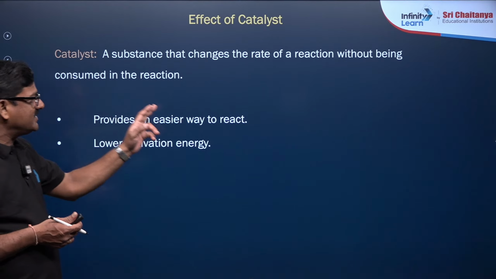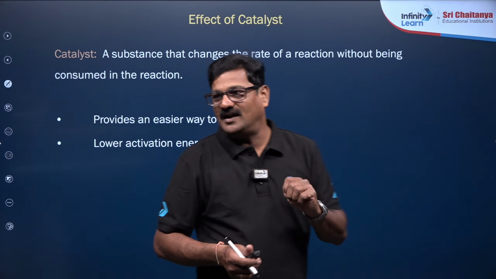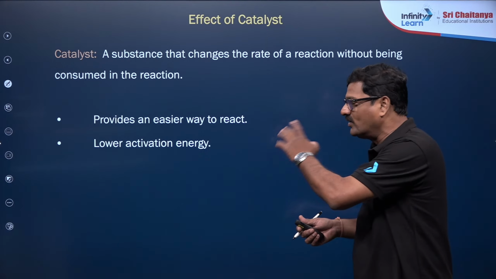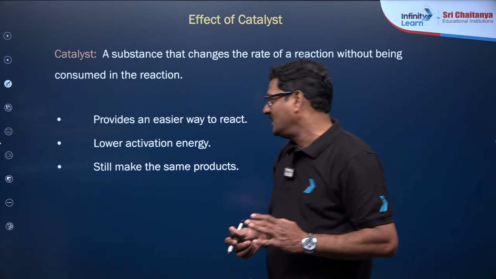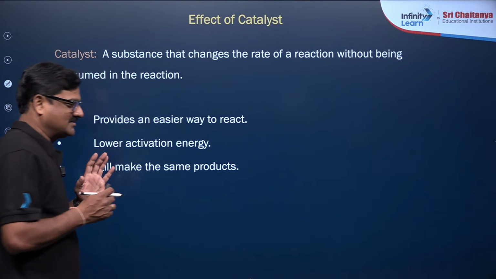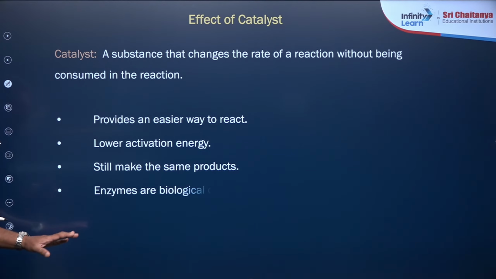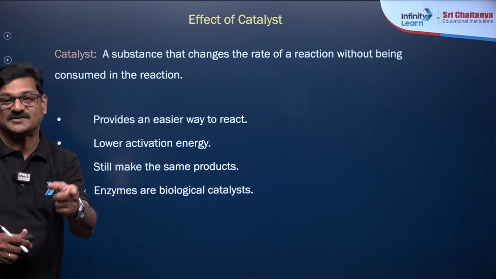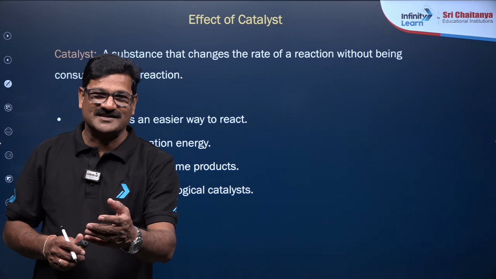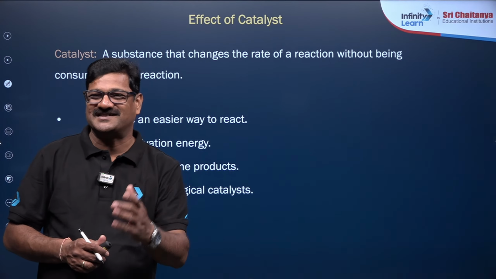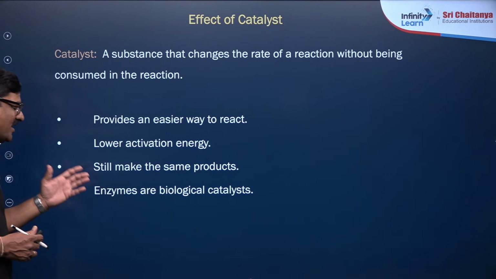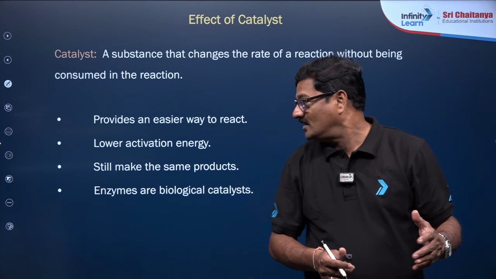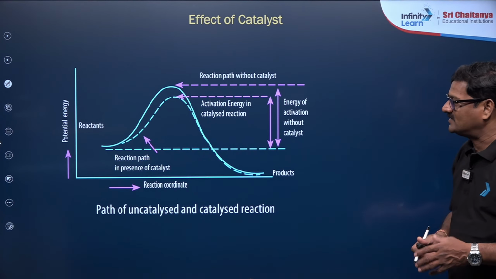So it provides an easier way to react, a pathway where lower activation energy is seen, and it still makes the same product. These are the important points, and enzymes are biological catalysts, you know that, and highly specific. You are all biology students, you know the specificity of the biochemical reactions that are used in enzymology. And also you can see the effect of catalyst.